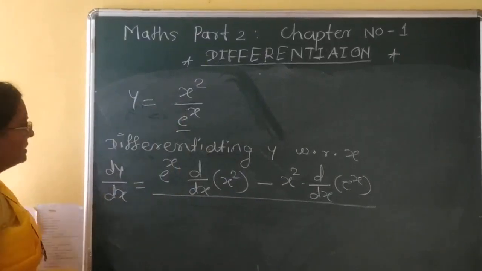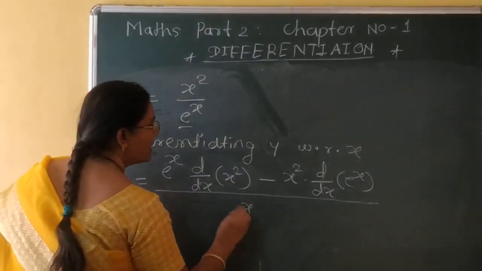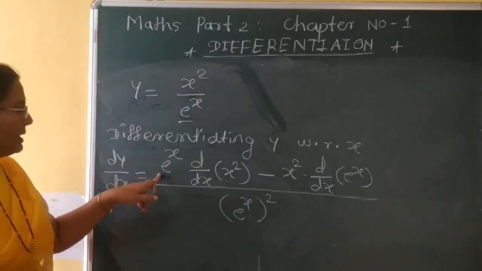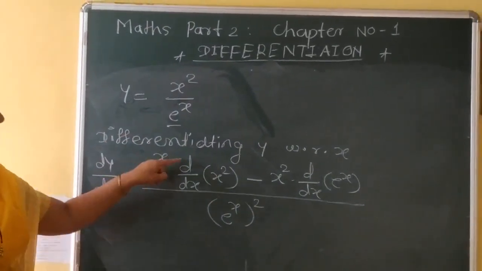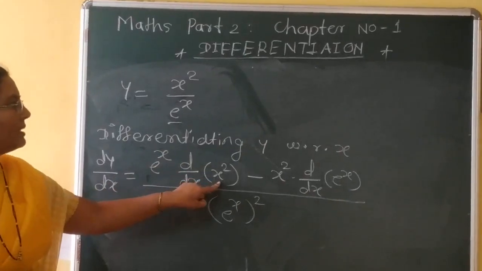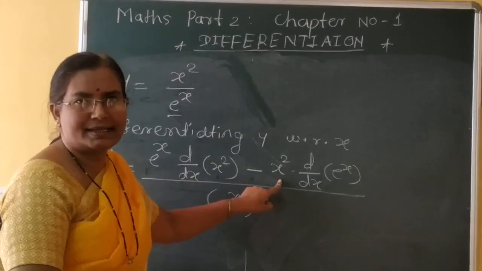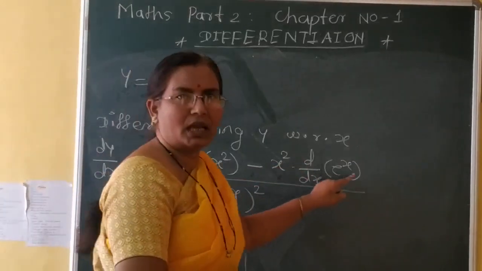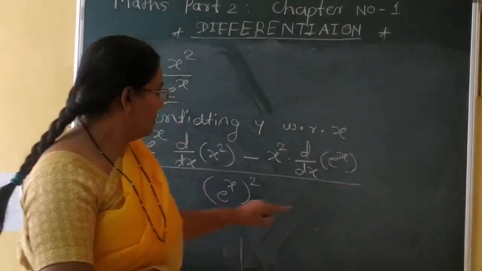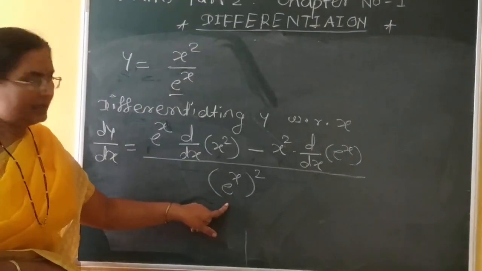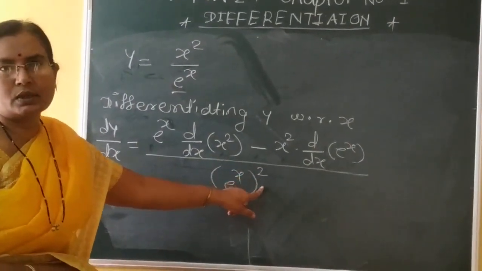V means the denominator, that is e raised to x bracket square.